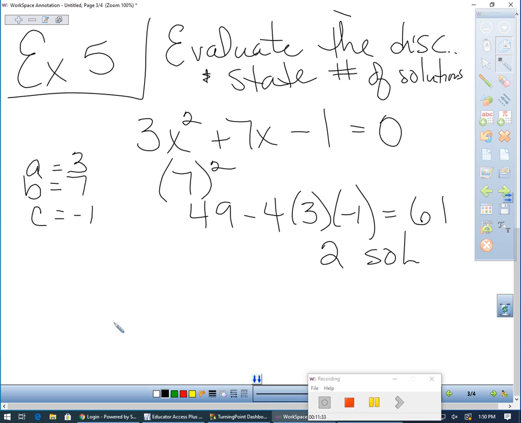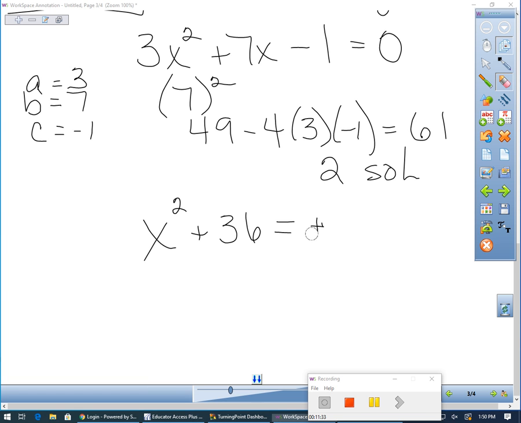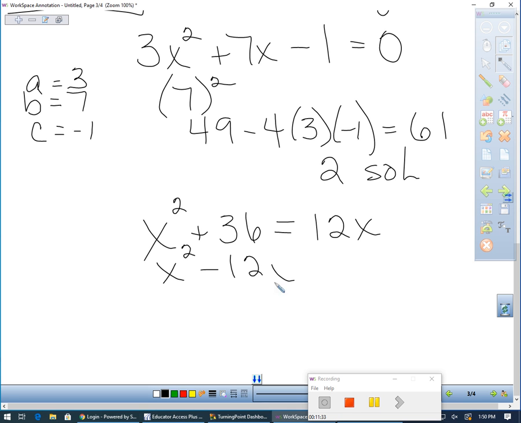Okay, let's do one more. Let's say I have x squared plus 36 equals positive 12x. So first thing I have to do is get it set equal to 0 and put it in standard form, right? So x squared minus 12x plus 36 equals 0.